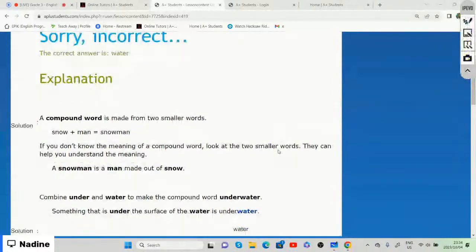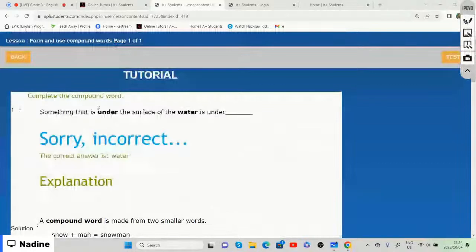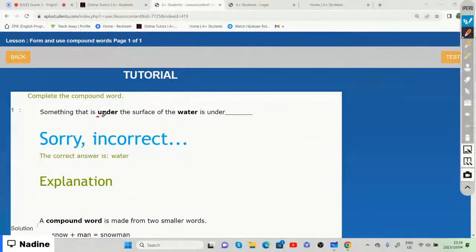All right, so now if we look at these words, we need to complete the compound word. So something that is under the surface of the water. If something is under the surface of the water, what is that one word that we can call it? Something that is under the surface of the water.